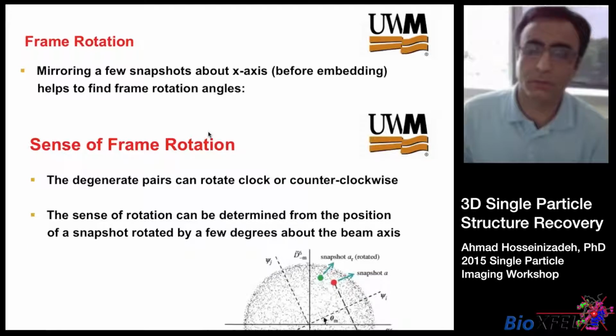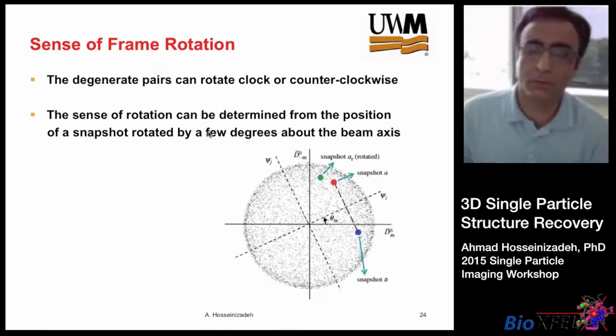What about the orientation? Any degenerate pair can rotate clockwise or counterclockwise. So we also have to find this to make a valid fitting. For this purpose, we slightly rotate one diffraction pattern. I'm just talking about one diffraction pattern, but in fact we do it on several and then do our averaging. Let's take the original diffraction pattern here and rotate it around the beam axis slightly, by 3 degrees, for instance.